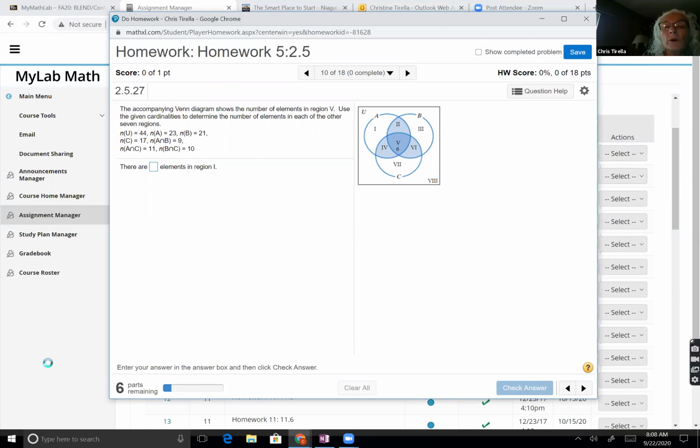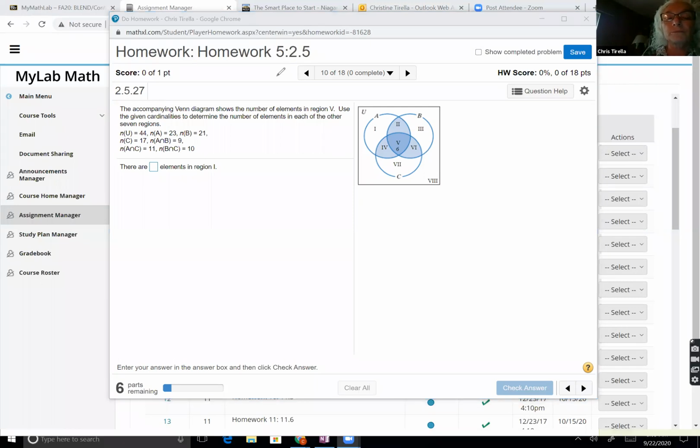This was one that we looked at a similar example of in class, and we had said that we've been going through and looking at them in the order that they come down. What you want to do is fill in the entire Venn diagram based on what you know.